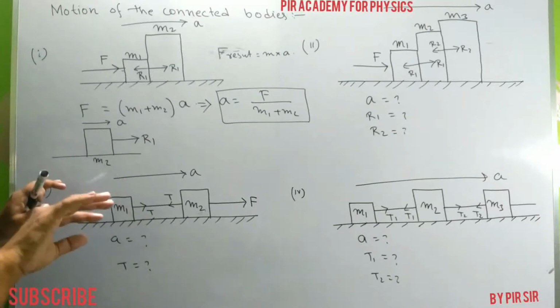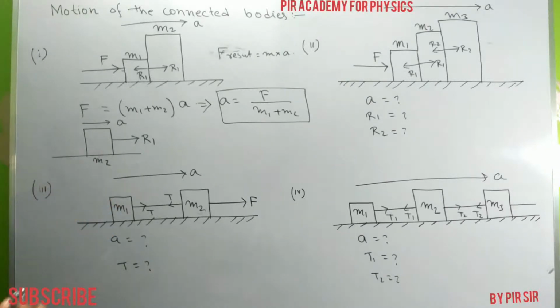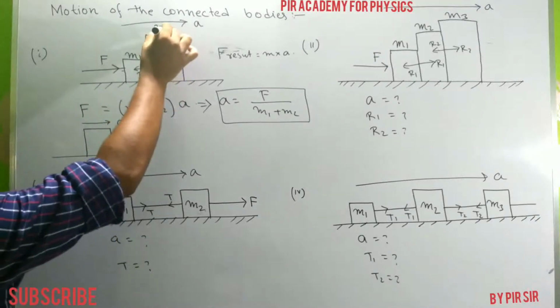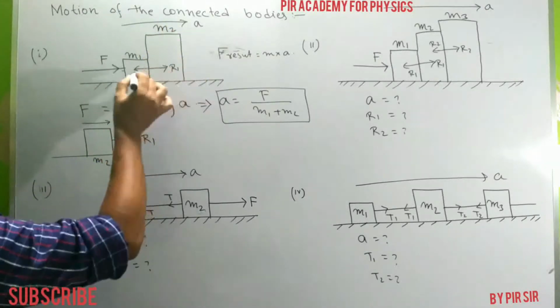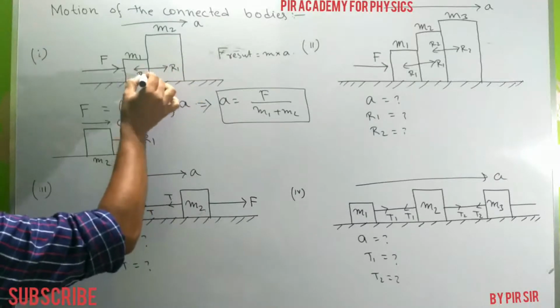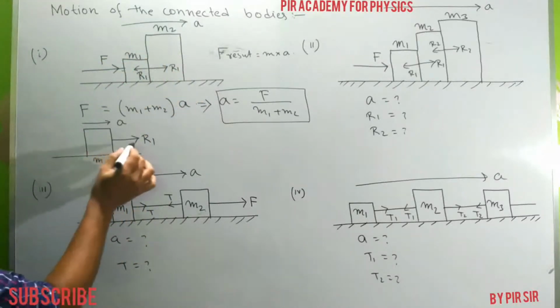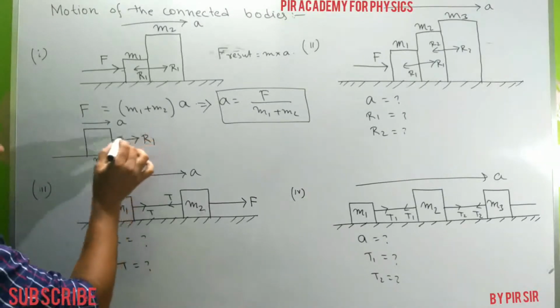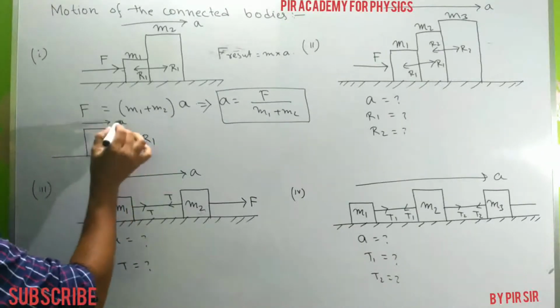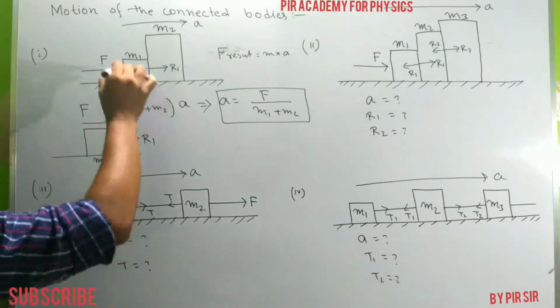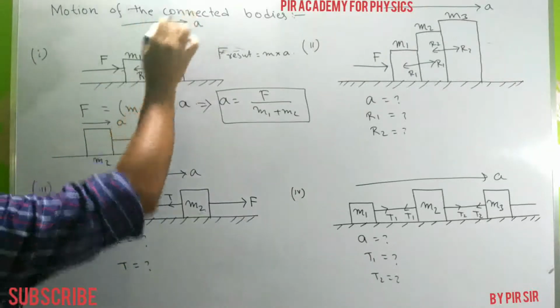They are on different systems. That's why the force on the mass M2 is only R1. The acceleration is A, because the total system is accelerated by A.